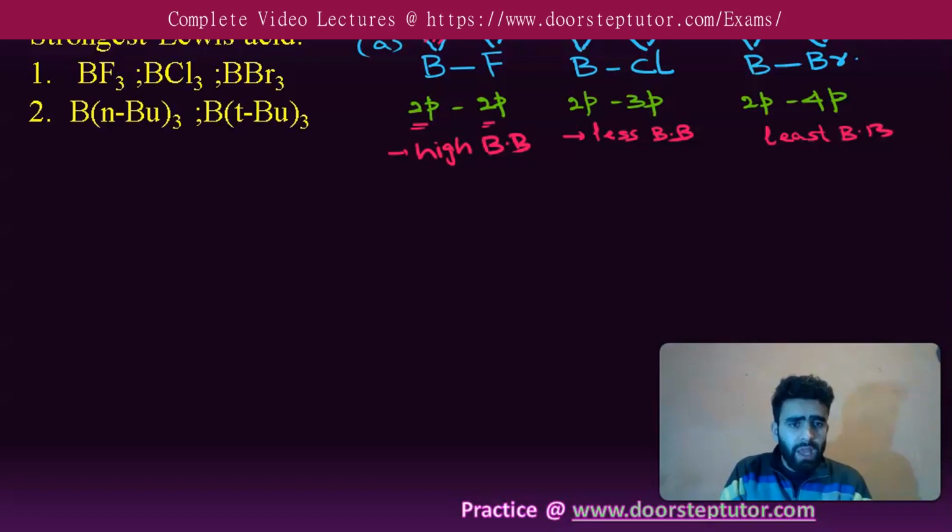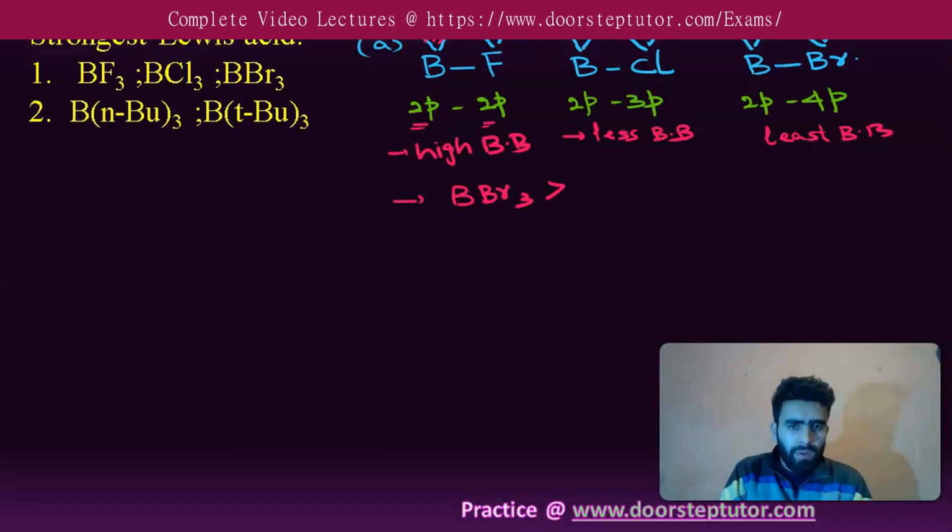It means that the boron here, because of 2p and 4p interaction, will have less electron density, which means it will have a high tendency to accept the electron. So we can say that BBr3 has high Lewis acidity.